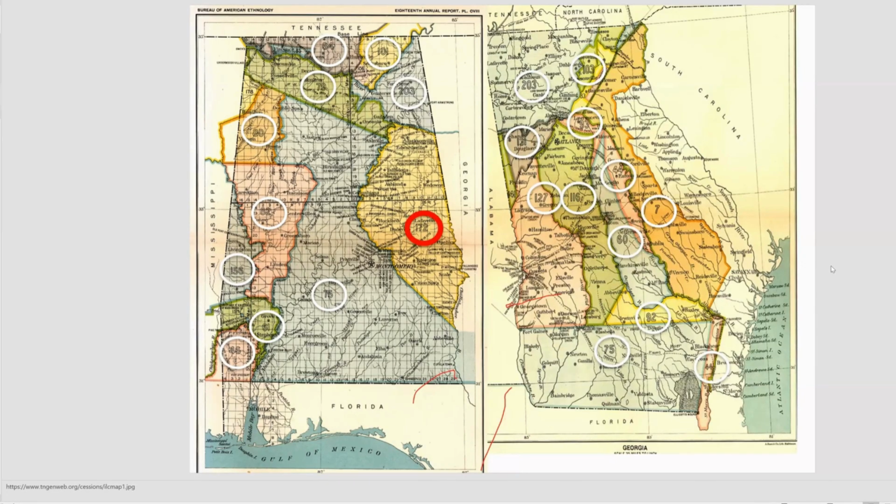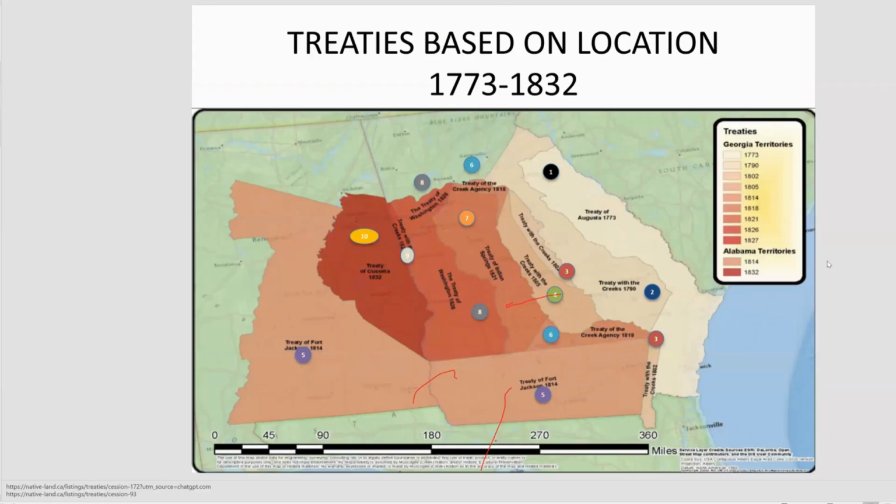And this is what the two of those charts look like together. This is the time period of the cessions that were occurring. The chart on the right represents 1773 to 1832, and the yellow dots represent the periods of time when the land got ceded, up to the last set of land ceded, number 10, the Treaty of Cusseta in 1832.